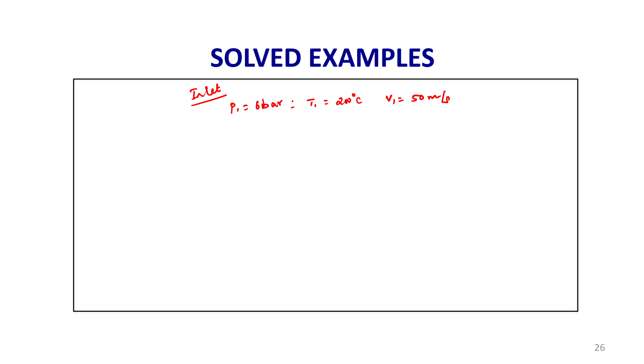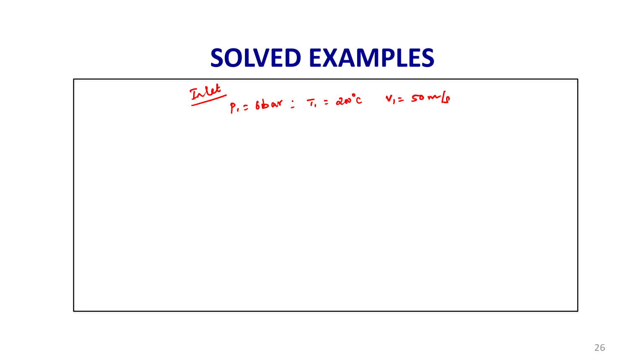Similar to the previous problem, we do not know whether the condition of steam is saturated or superheated at the inlet. As we found for the previous problem, we have to find the saturation temperature for the steam at the inlet. So, from the steam table, that is table number 2, because corresponding to the given inlet pressure we are going to find T sat.